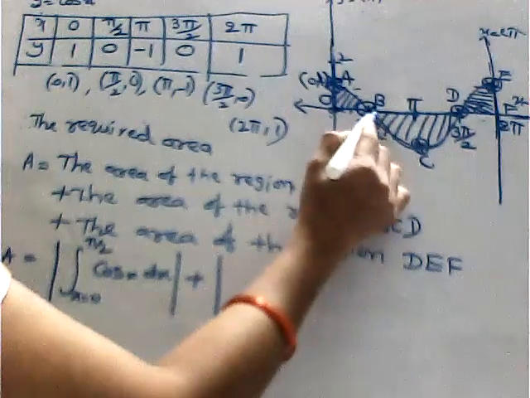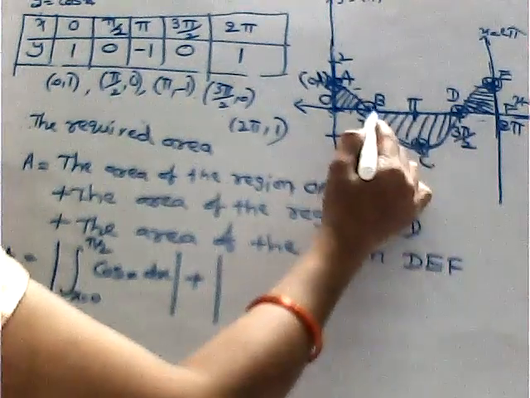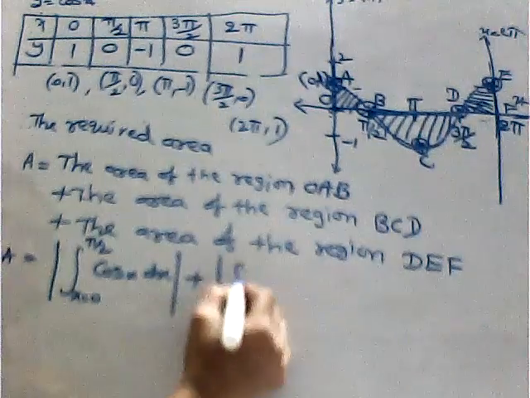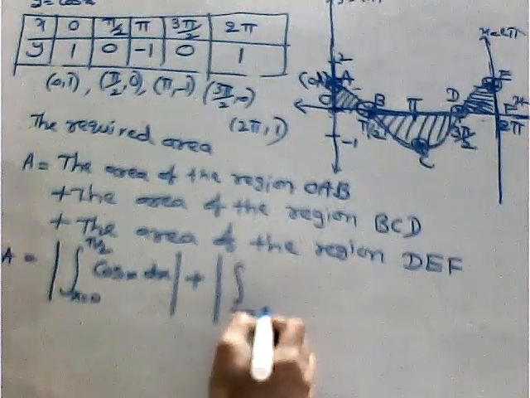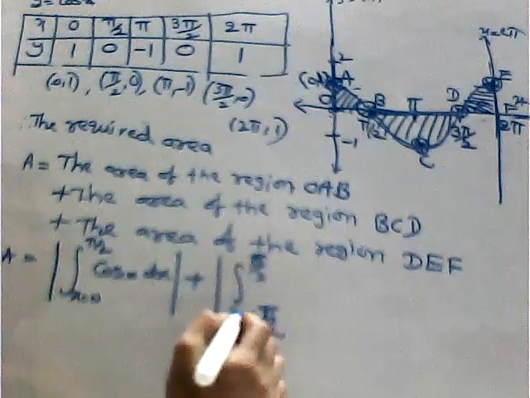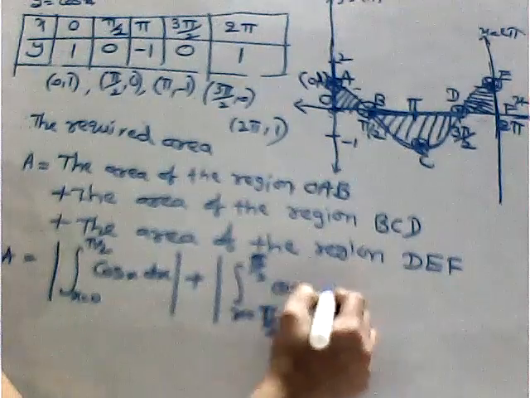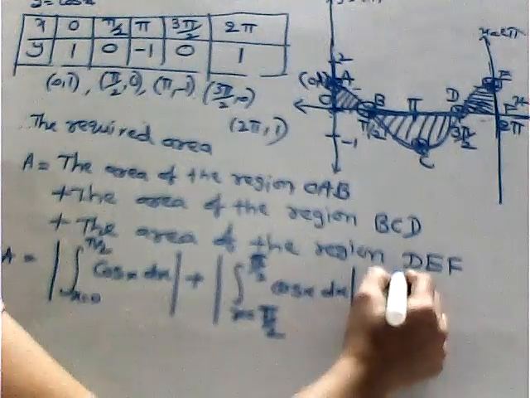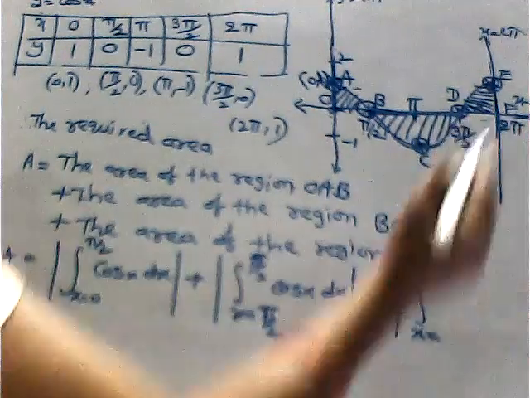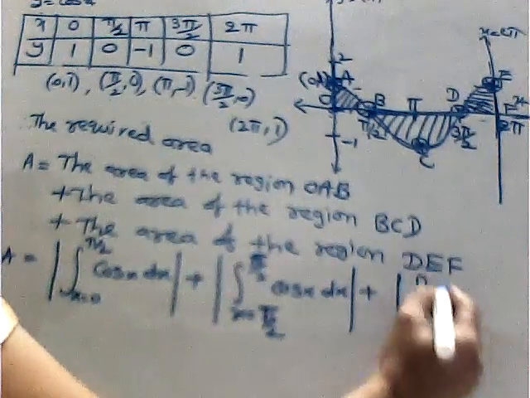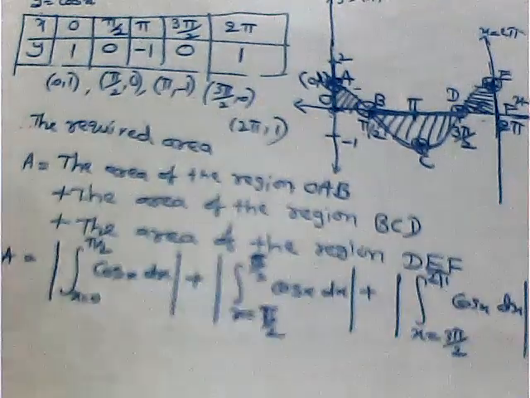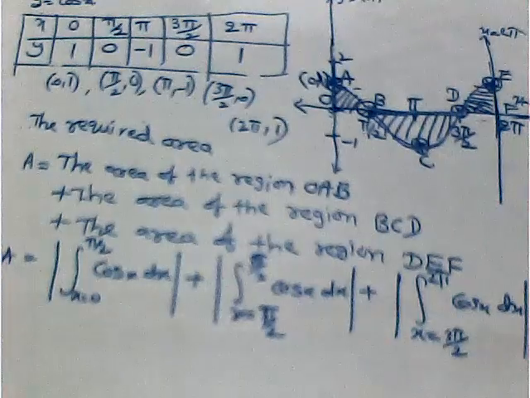Plus next, the area of the region BCD, that means pi by 2 to 3 pi by 2. We can take these intervals: x is equal to pi by 2 to 3 pi by 2 of cos x dx, plus the modulus of the integral with x from 3 pi by 2 to 2 pi of cos x dx. Now we can find the values.